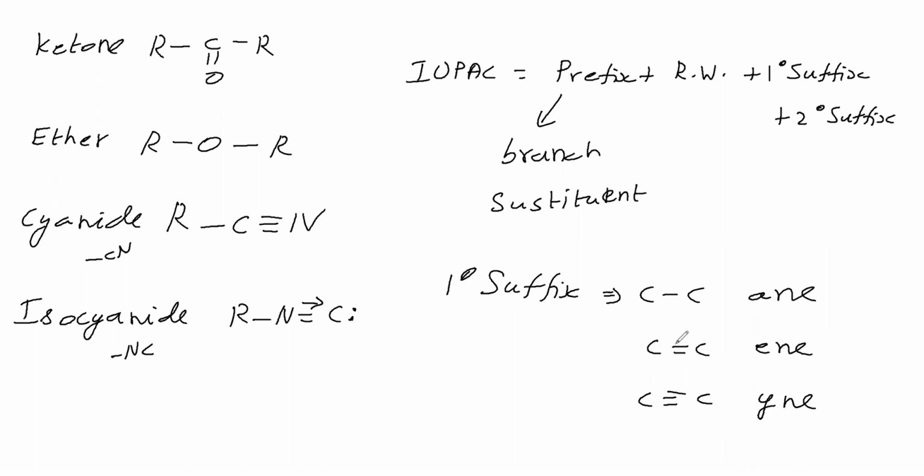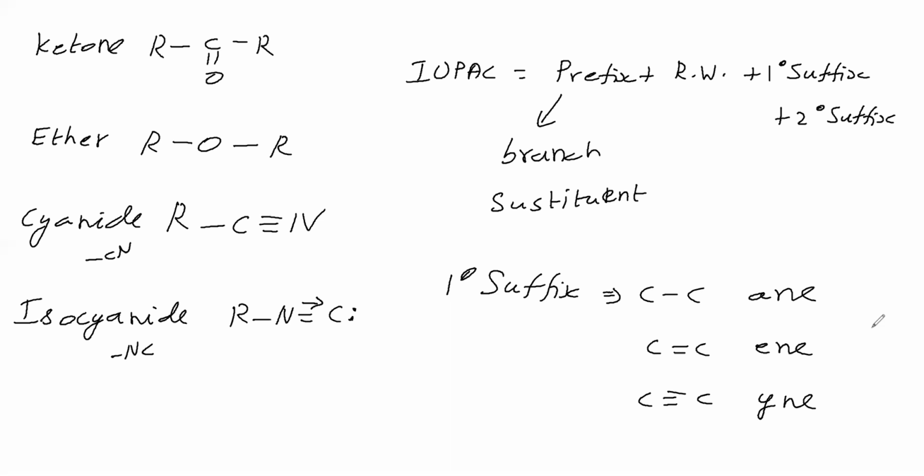When there is no C=C double bond or C≡C triple bond, then you give the primary suffix "ane". If a C=C double bond is present, then you say "ene". If a C≡C triple bond is there, then you say "yne". Suppose a C=C double bond as well as a C≡C triple bond is there, then what do you do?